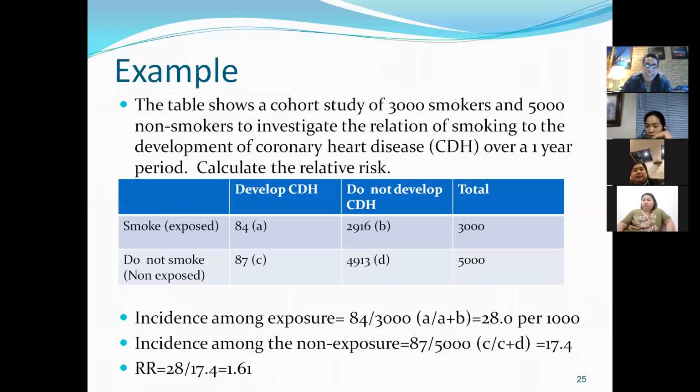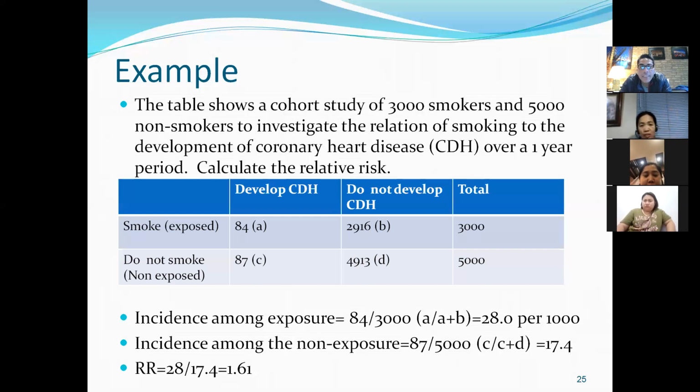So for the incidence among exposure, which is basically A divided by C, it's 84 divided by 3,000. And then incidence among the non-exposure is 87 divided by 5,000, correct? So that would give you C divided by C plus D. So what's C?